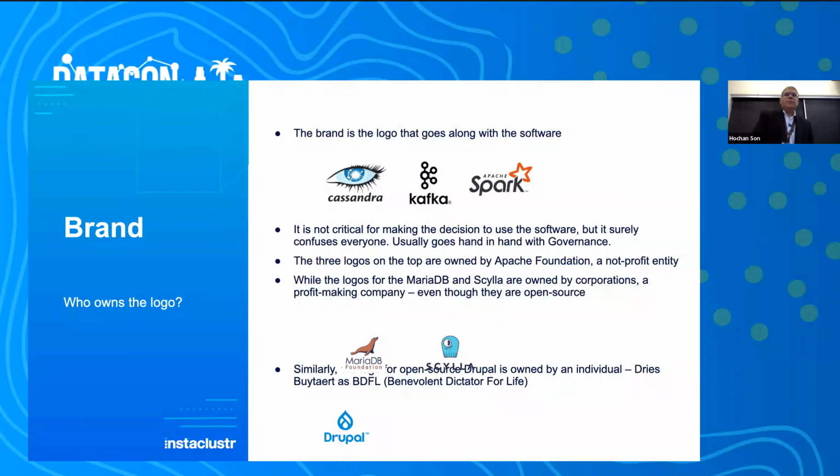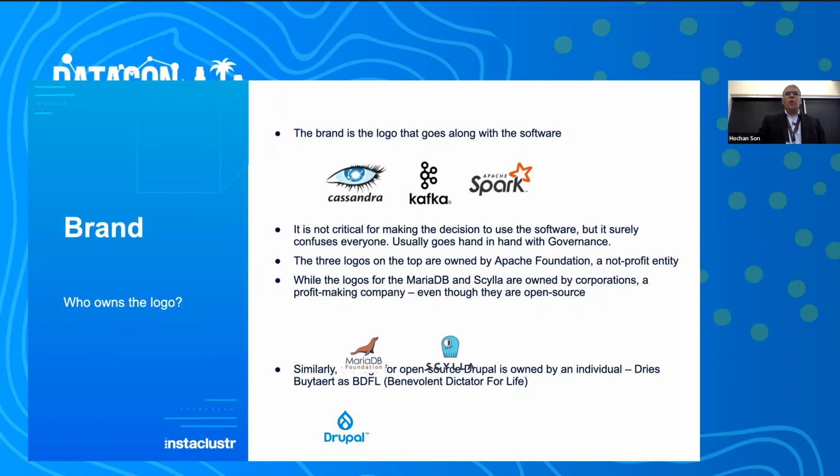Next is brand. Brand is the logo that goes along with it. It's not very critical in making a decision, but it confuses, so I just wanted to mention that. It usually goes hand in hand with the governance. The first three logos that you see, Cassandra, Kafka, and Spark, are Apache Foundation and they're free.